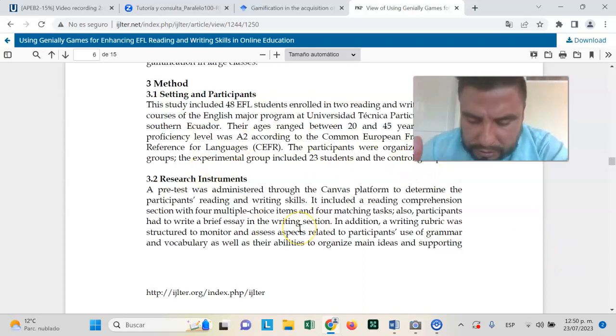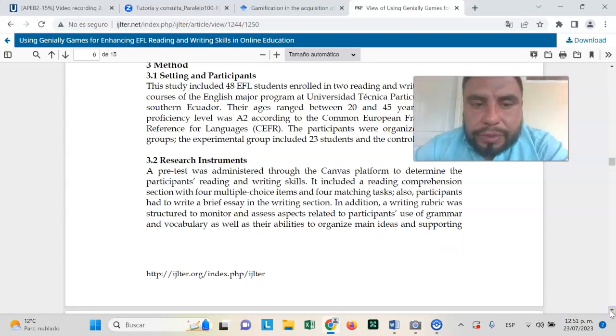The method was carried out with an instrument, a test administered on the Canvas platform, where the students had to prove their reading and writing skills. They had to write a short paragraph, and also complete a multiple choice or matching task. This is about the methods.